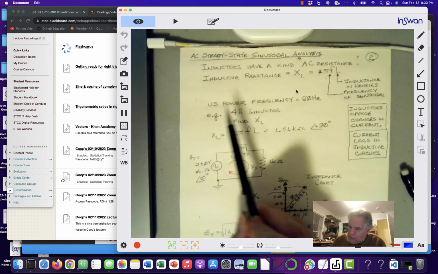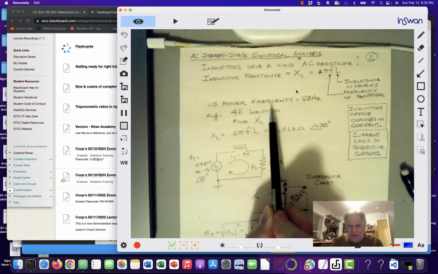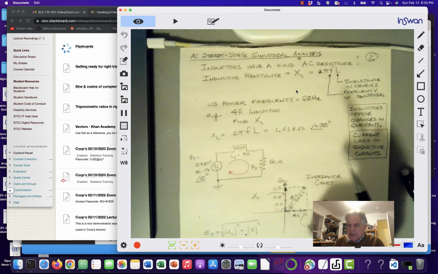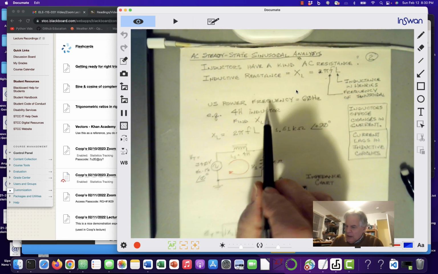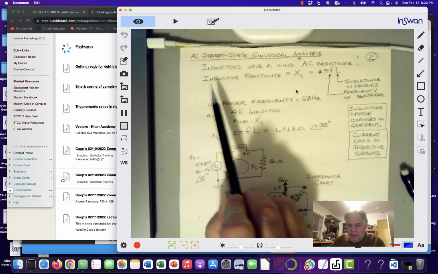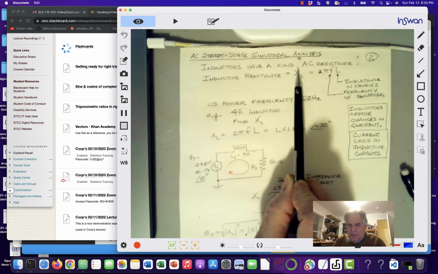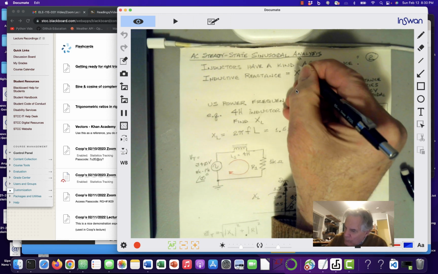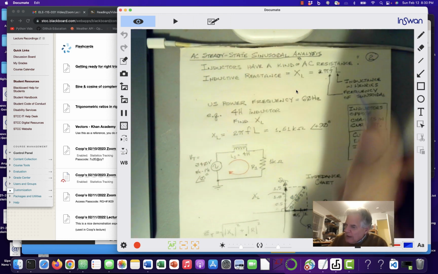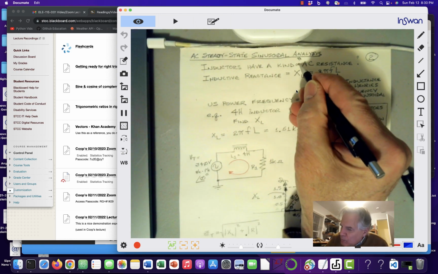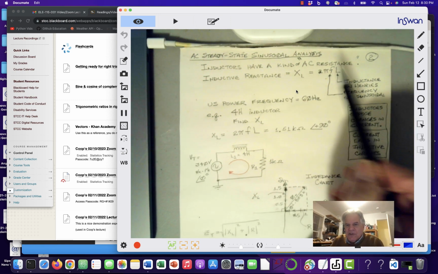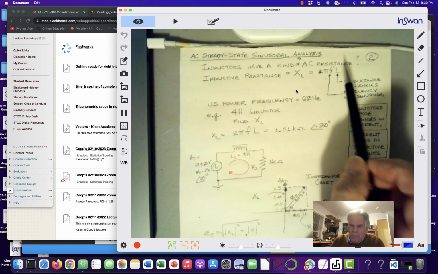Now, the U.S. power frequency, if we look at the electricity that comes out of the wall, wait a minute, I guess I'm jumping ahead. So inductors in the steady state, they have a kind of AC resistance, if you will.